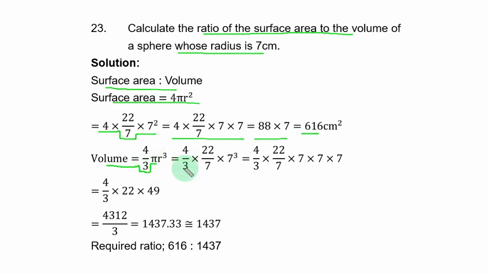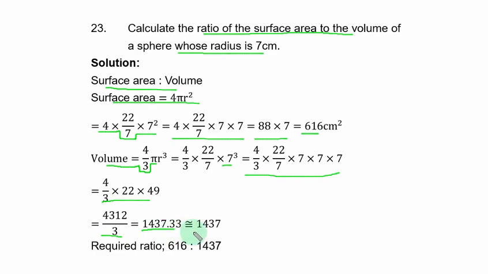Volume of a sphere is 4/3 times pi r cubed. You have 4/3 times pi, 22/7 times r cubed, that is 7 cubed. You have this result, followed by this, and you have this. After division, you have this value to the nearest whole number.